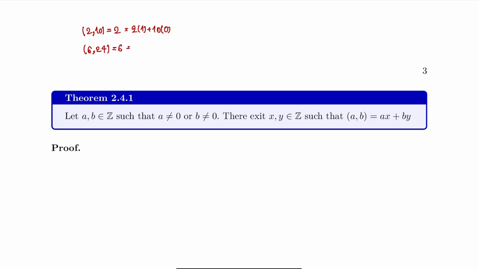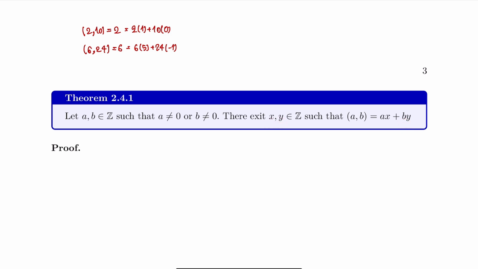So 6 can be written as 6 times 5 plus 24 times minus 1, because this turns out to be 30 minus 24, which is 6. So if you have a GCD over two numbers, it can be written in this form, ax plus by, where x and y are integers.